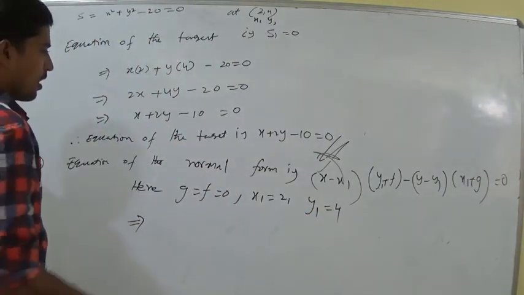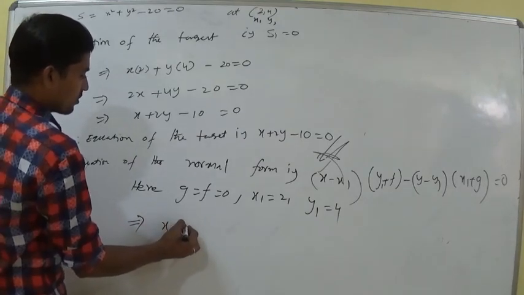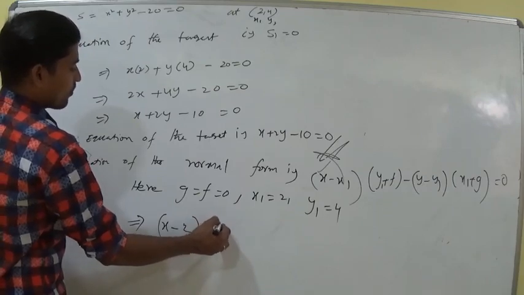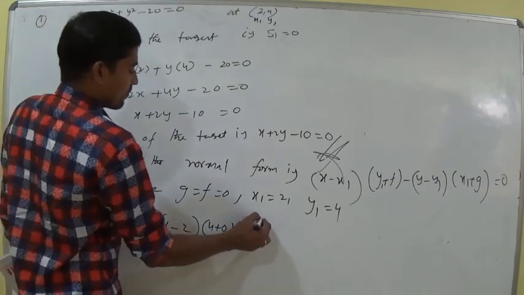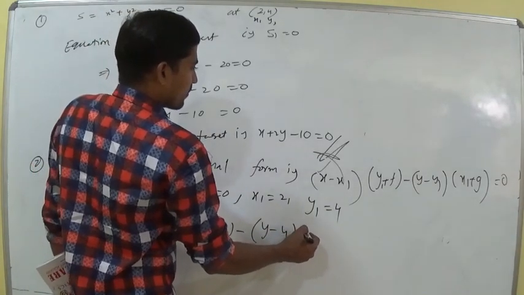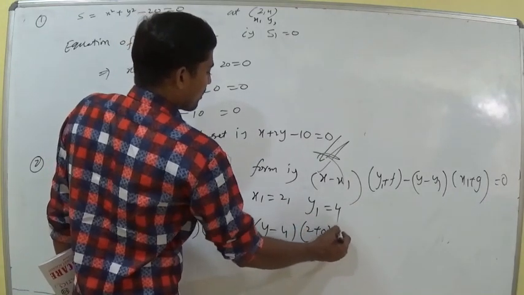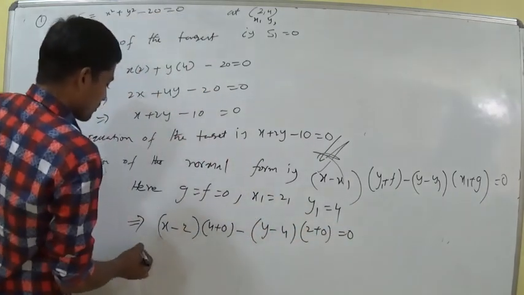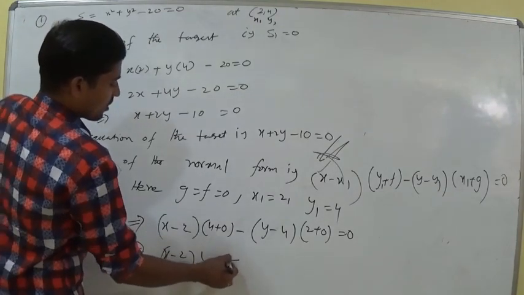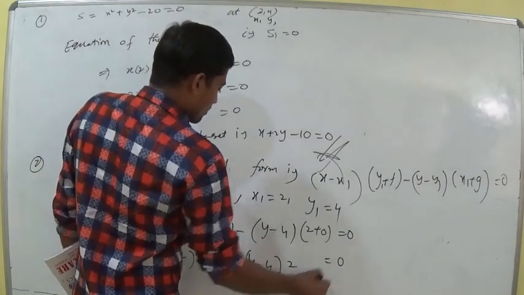So (x - x1)(y1 + f) = (x - 2)(4 + 0), minus (y - 4)(x1 + g) = (y - 4)(2 + 0), equal to 0. So (x - 2)·4 - (y - 4)·2 = 0.